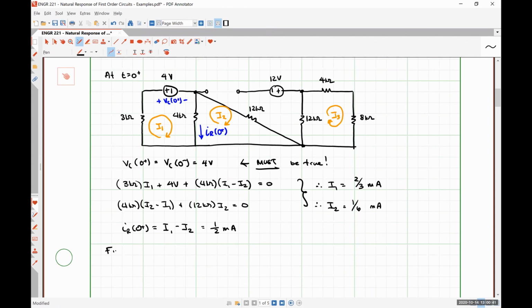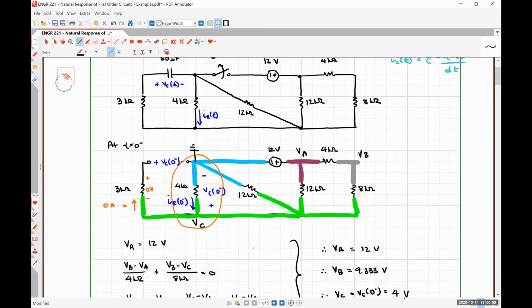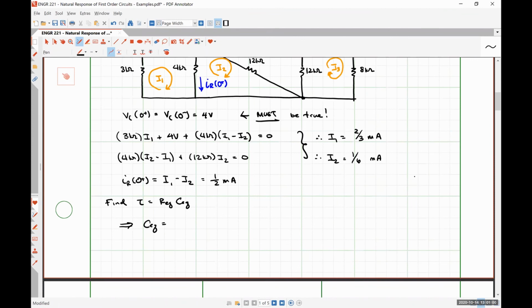So find tau, which is equal to R equivalent times C equivalent for an RC circuit. So we know that C equivalent is simply 50 microfarads because it's the only capacitor in the whole circuit. So that bit's fairly straightforward.